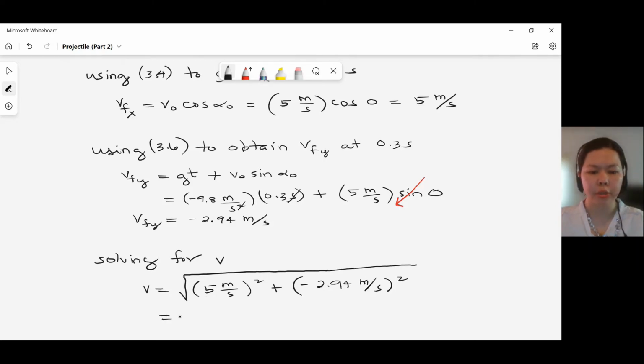Using your calculator, you should obtain a value of 5.8 meters per second as the magnitude of our velocity.